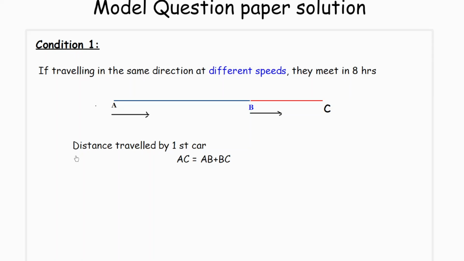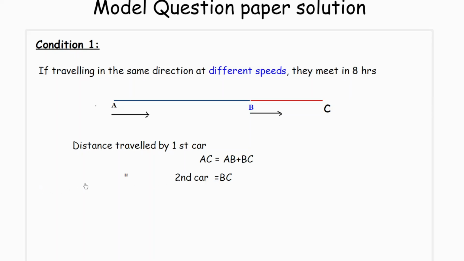Now we have to find the distance traveled by the first car, that is the distance AC. The first car moves from here and reaches here. So AC is nothing but AB plus BC.